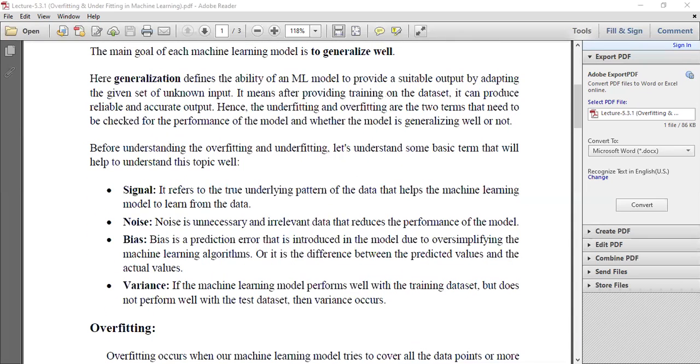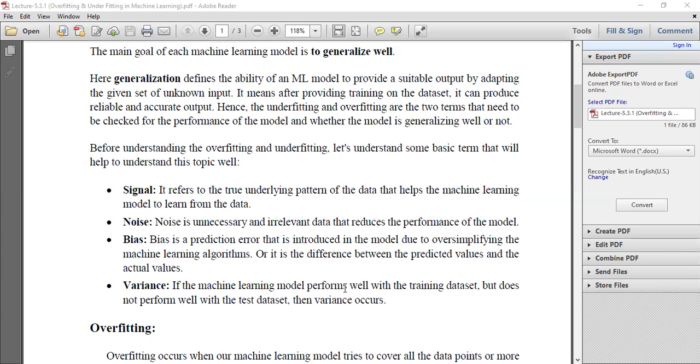Before understanding overfitting, let us understand some basic terms that will help us understand this topic well. First is signal. It refers to the true underlying pattern of the data that helps the machine learning model to learn from the data. Noise. Noise is unnecessary and irrelevant data that reduces the performance of the model. Bias.